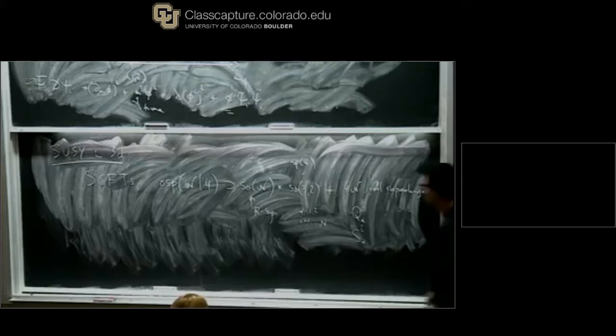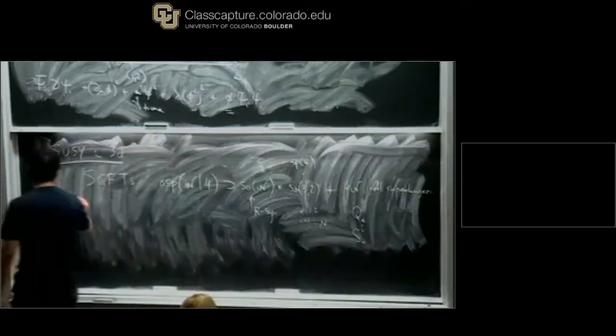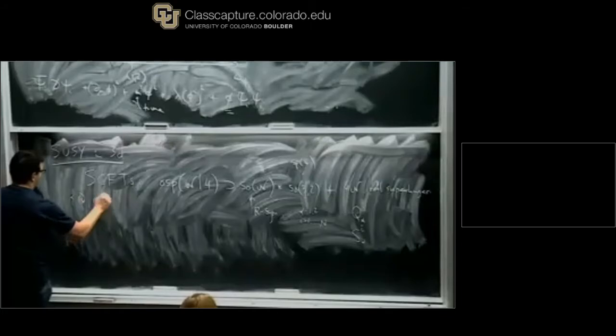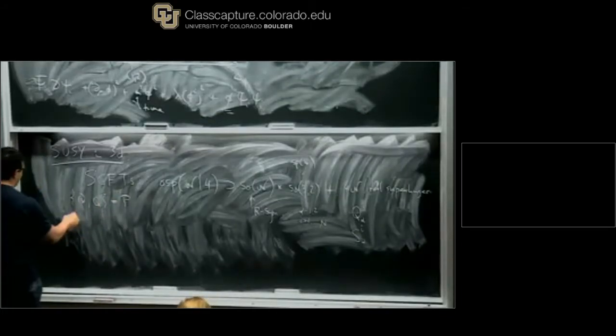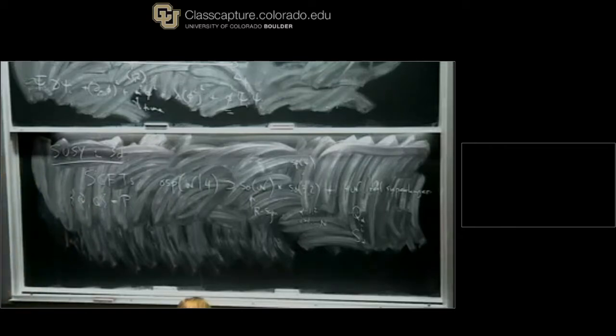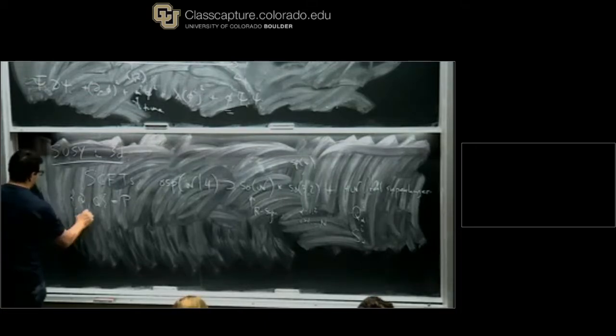The difference between Q's and S's is that the anti-commutator of two Q's is P. So the Q's square to momentum, and the S's square to special conformal generators.